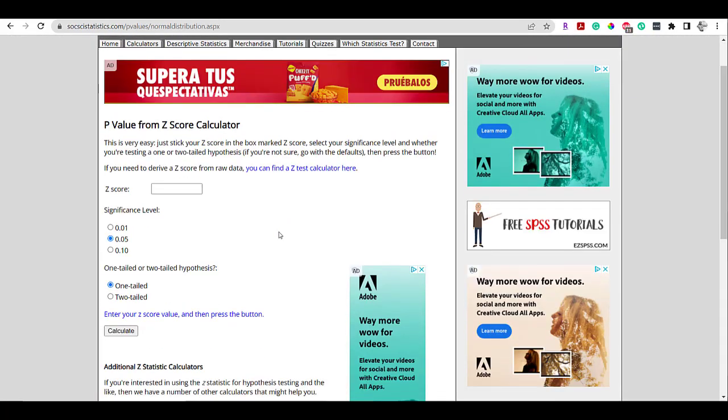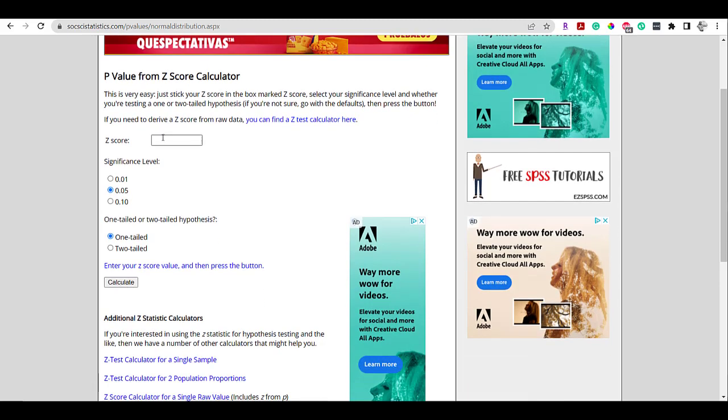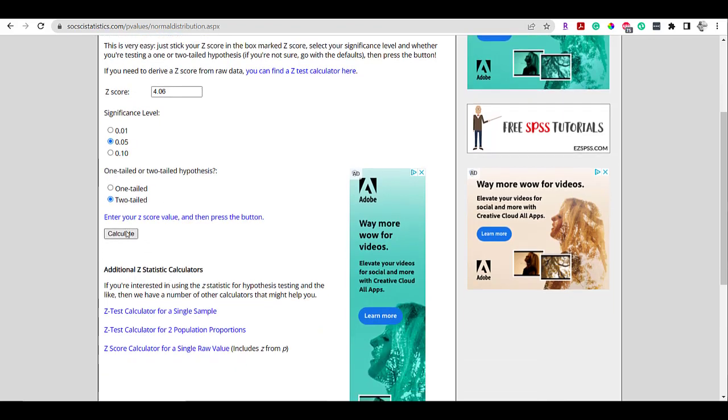So this one's a little bit different than the one we used the last time. It still works. You need to make some decisions about which one you like the best, but I like to give you options. So my z-score here is positive 4.06. I'm working with a 5% significance level, and I'm going to use a two-tailed test. So now I'm going to calculate.